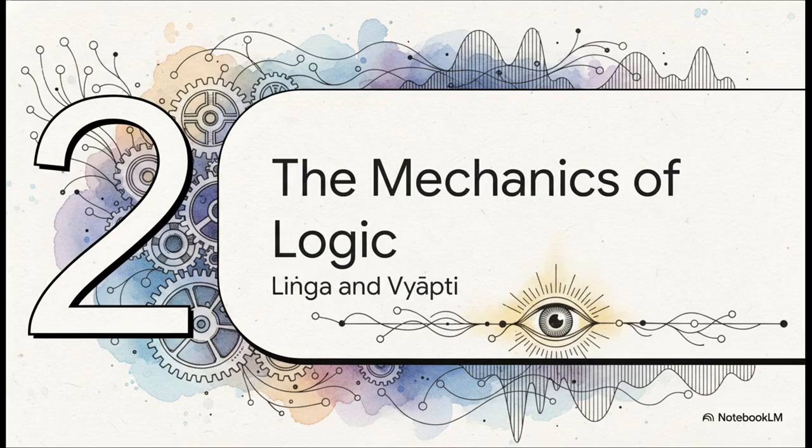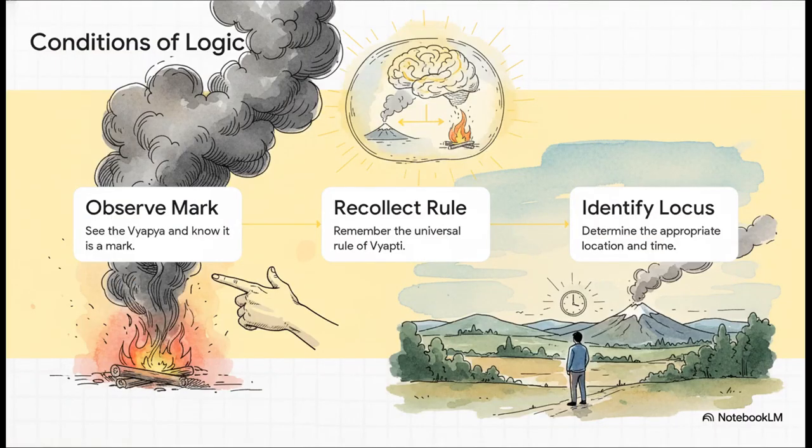Moving into section 2, the mechanics of logic. Now that we know our terms, let's see how this builds into the exact mental machinery required in your mind to make a valid, logical leap. According to Jayatirtha, to successfully infer something, a person actually has to meet 3 highly specific conditions in real time. Step 1, you must observe the mark, or the linga. You have to literally see the smoke and consciously recognize it as a mark of something else.